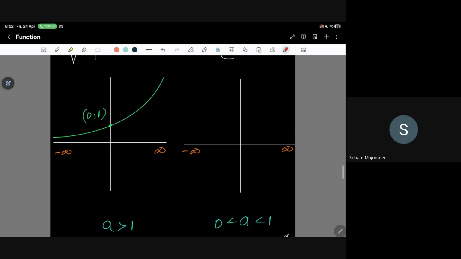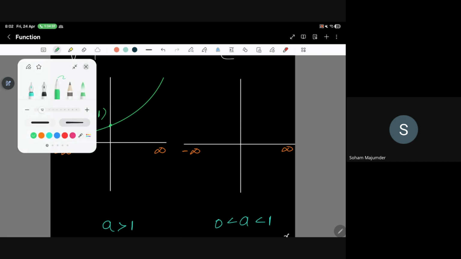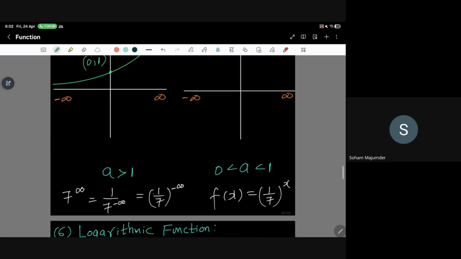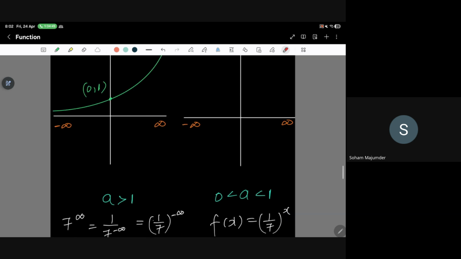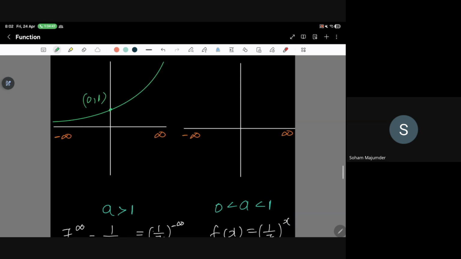So when x is minus infinity, y is plus infinity. Now when you start increasing the value of x, the denominator value is increasing, so the overall value of the function is decreasing. So the graph will be like this.